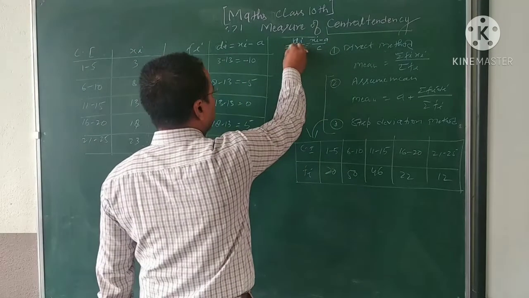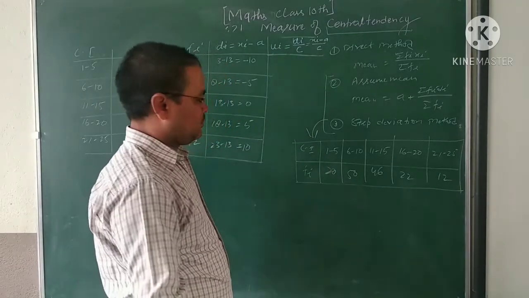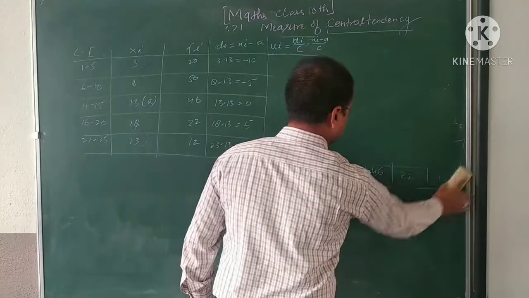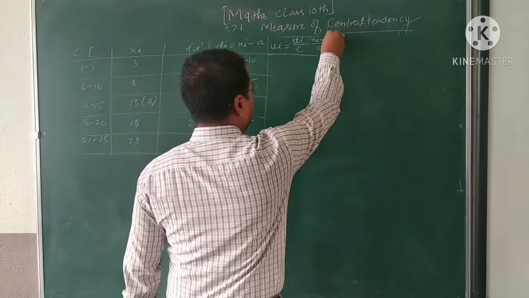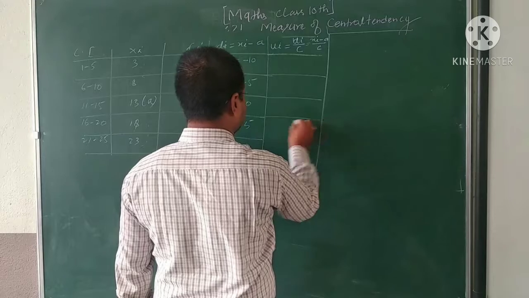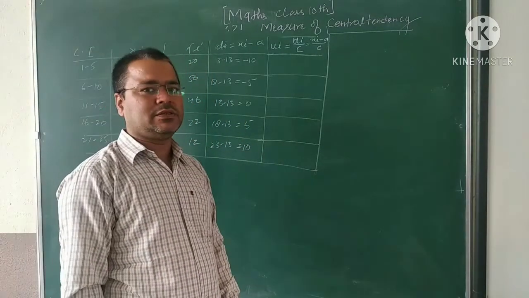Okay, and this is called ui. It means here we are going to make one more column. Basically, this is important for this calculation method, and really it will be very easy for the calculation.